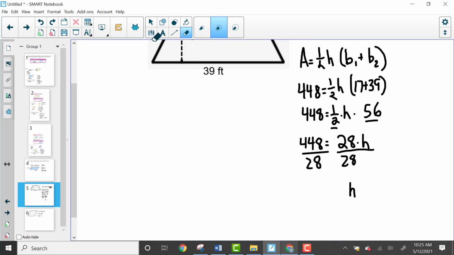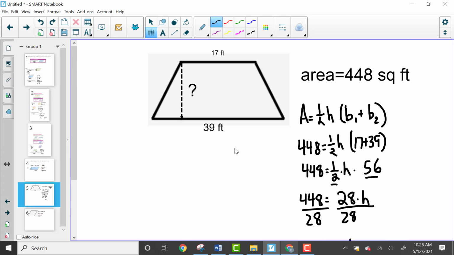Put my equal sign on the other side. So the height is 16 for our trapezoid, so 16 feet. Again, it's not square feet, it's just feet since it's a measurement here. We're not looking at area, we're just trying to find the height of our trapezoid.